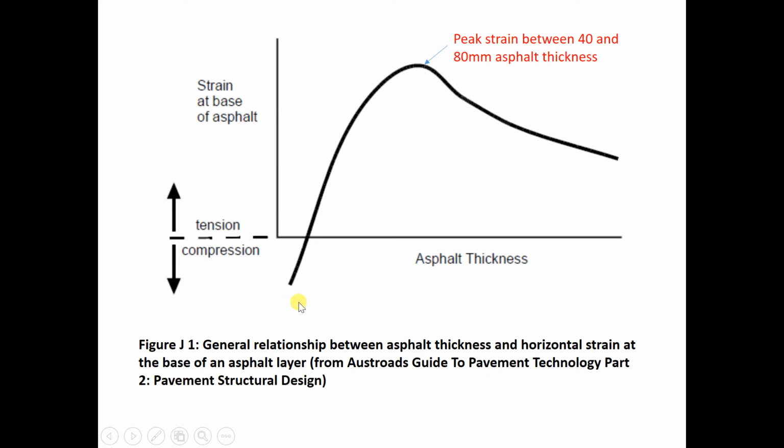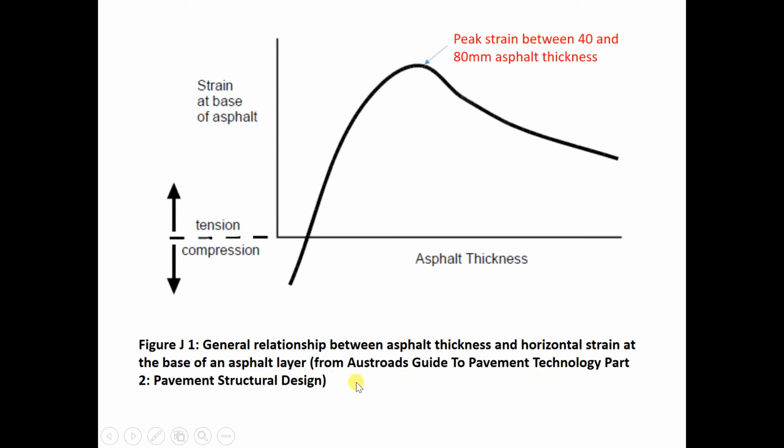Before that it was compression, and then slowly, when the thickness increases, the bottom becomes mostly tensile. Following this curve, the tensile strain increases as the thickness increases, but beyond a certain thickness it reaches the maximum, and then it decreases again when the asphalt becomes very thick.